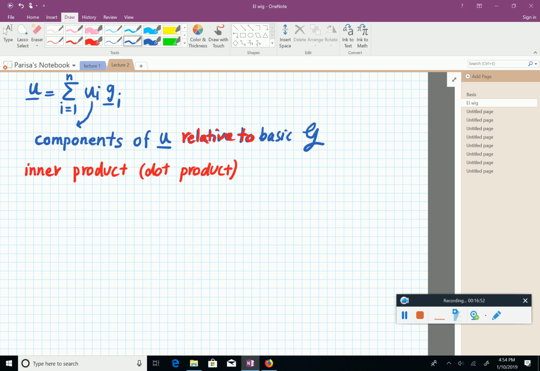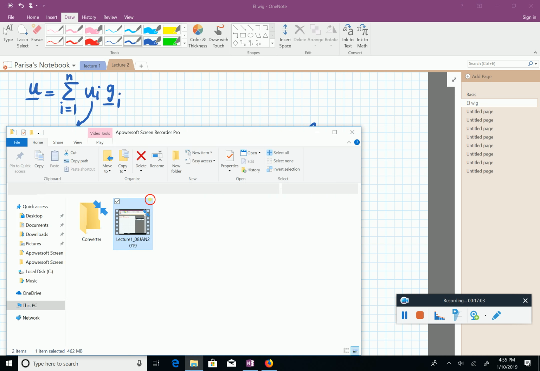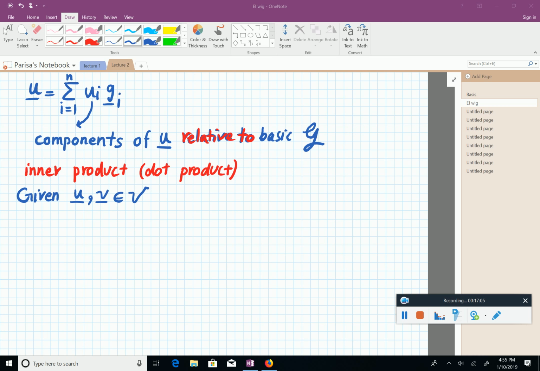Let's just define it. So if we have two vectors that are in this vector space, the dot product is defined as, so we can use this symbol for definition.